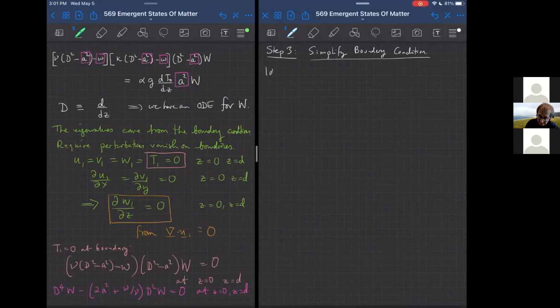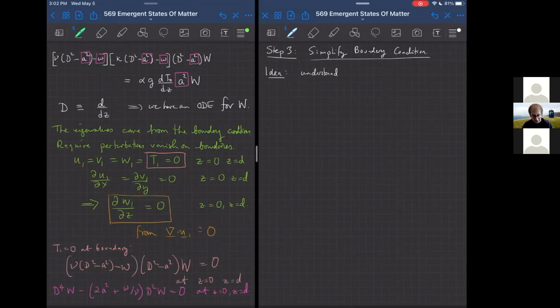Before we move on, can you explain again the boundary condition of the W at z equal to 0 and z equal to D? How is that obtained? Because I know the boundary conditions for the other variables, for T1 and so on.